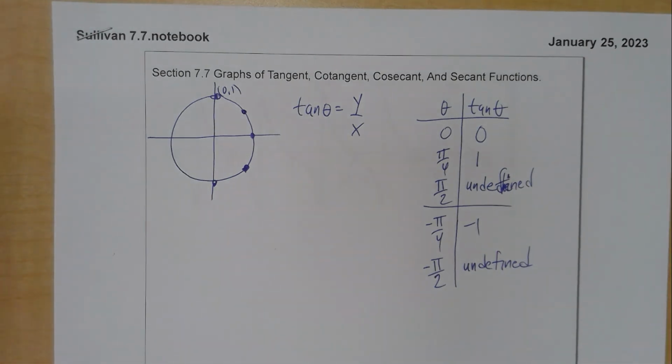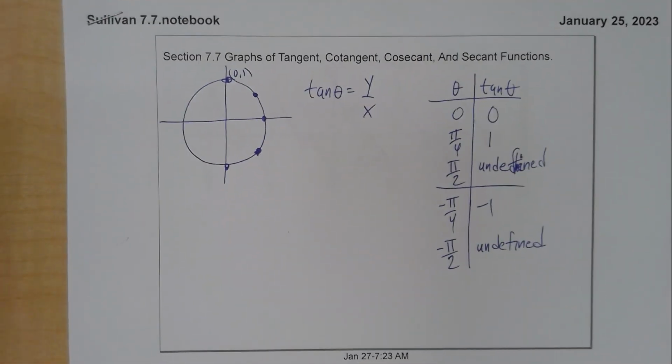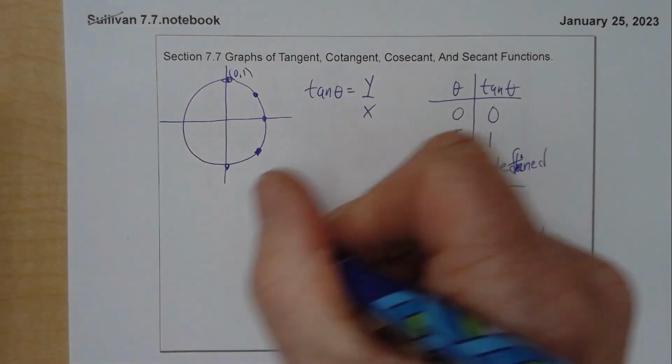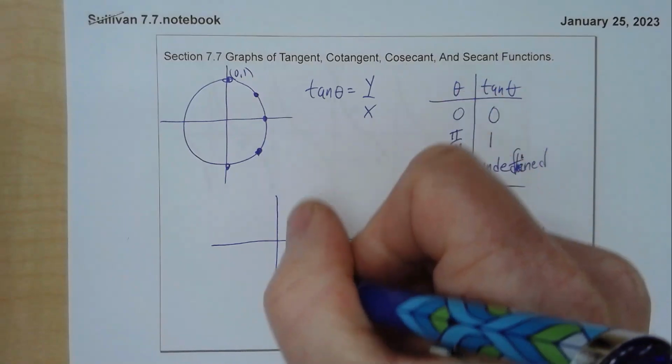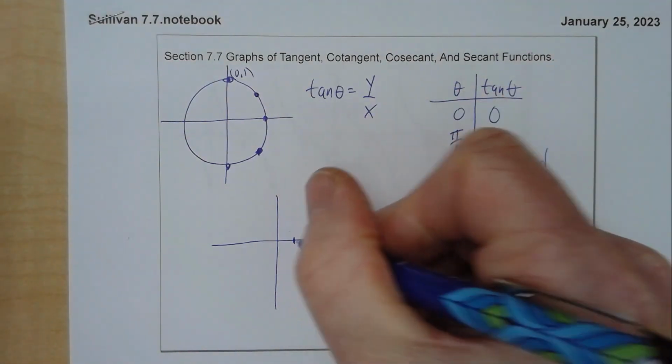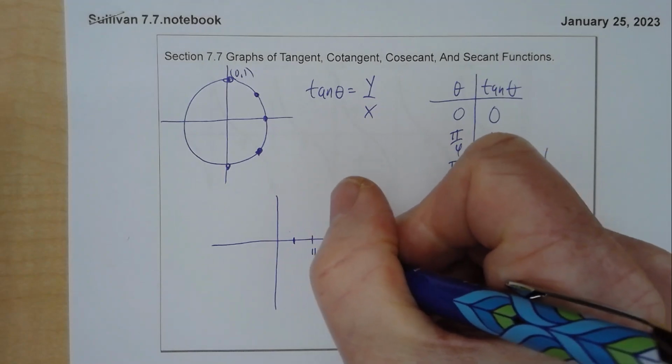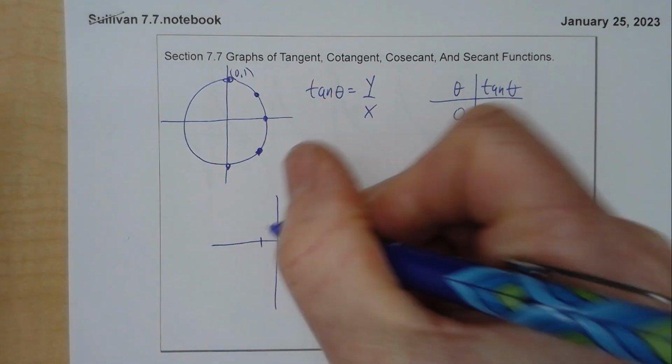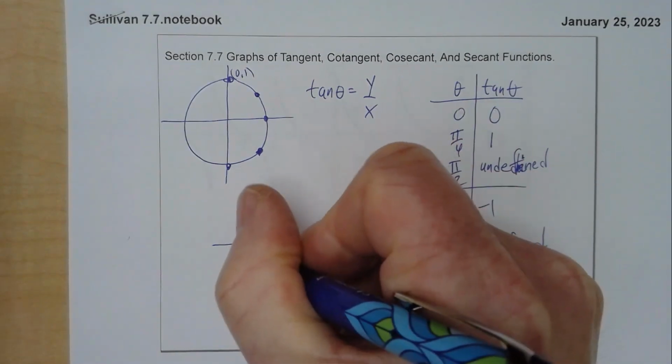Now I'm going to graph this, so I'll make my x-y axis. So I go over pi over 4, over pi over 2, over pi over 4, over pi over 2.